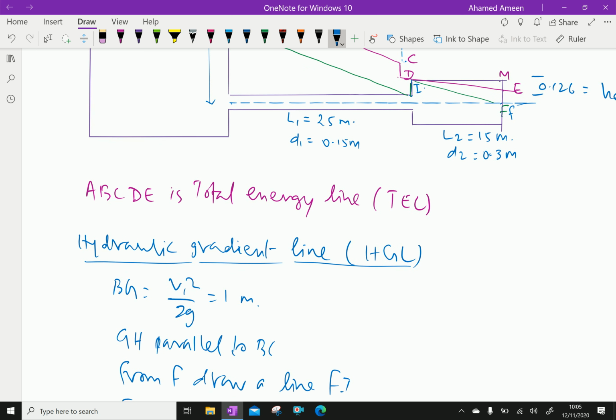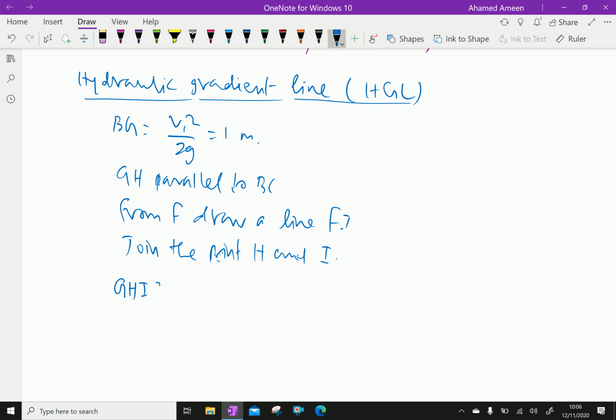Now the line GHIF represents the hydraulic gradient line.